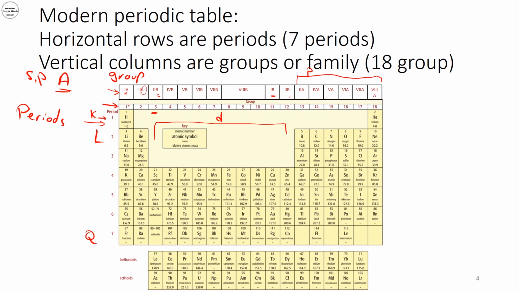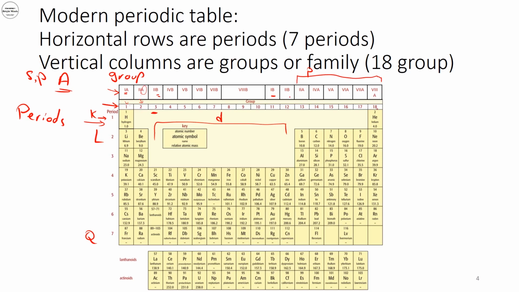So the new IUPAC group numbers make it easier for us to know also the valence electrons. For groups 1 and 2, the valence electrons will be equal to the group number, which means the first group will have 1 valence electron and group 2 will have 2 valence electrons.